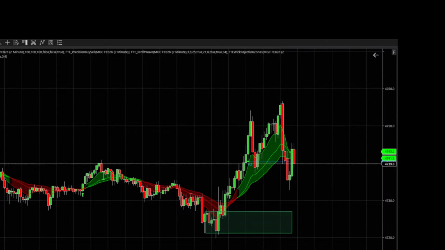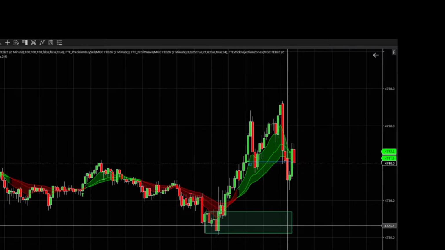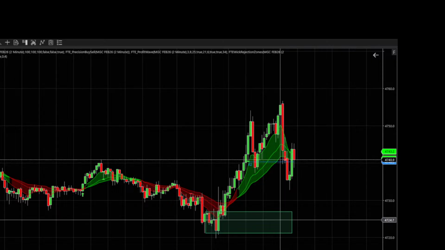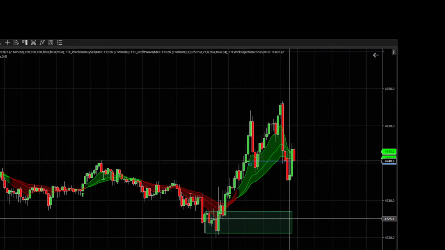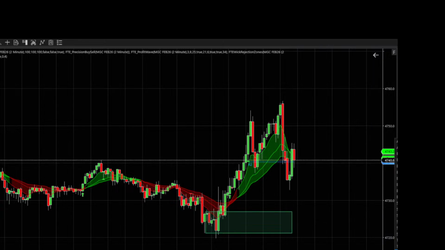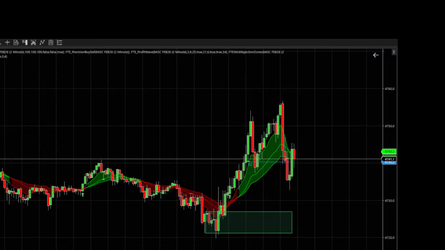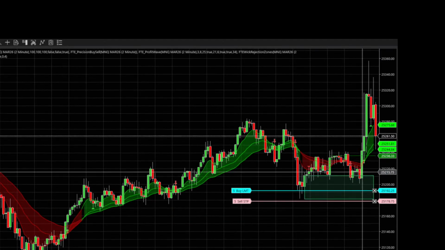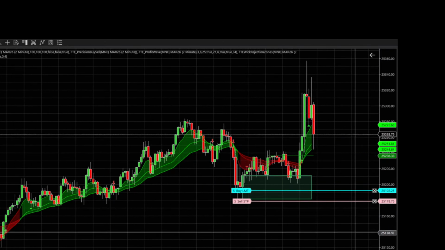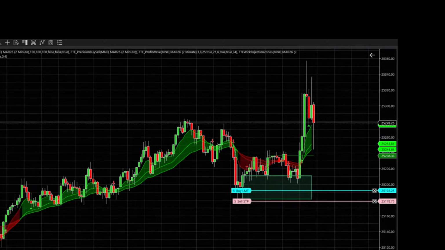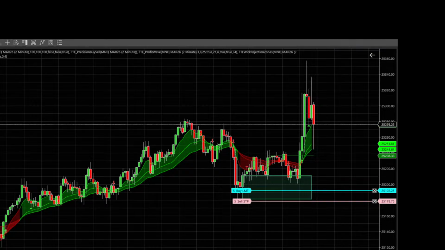Well, we have, you know, if we can get a return down in this zone, I will definitely be thinking about a trade there. And let's see here. Well, I don't want to put a trade on that chart if we're going to be looking at MNQ. We'll see if we can get a return down here to the zone.